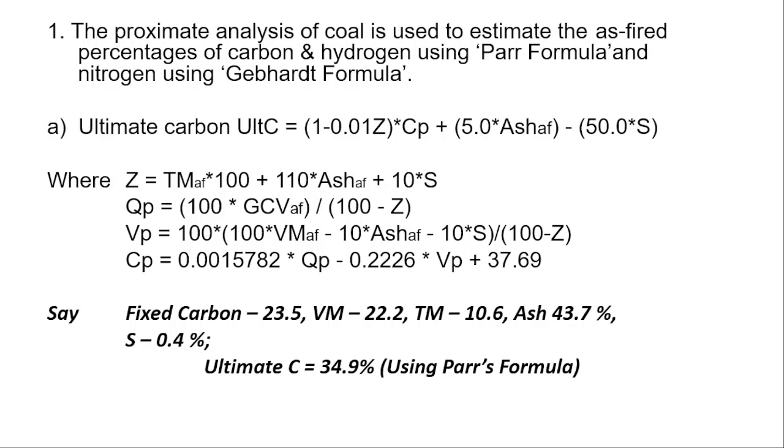So these values of QP, VP and CP are calculated and put in the formula. Then for a particular sample, if the fixed carbon is 23.5, VM is 22.2, total moisture is 10.6, ash is 43.7%, and sulfur is 0.4%, then the ultimate carbon value calculated from the above formula comes out to be 34.9. This is using Parr's formula.